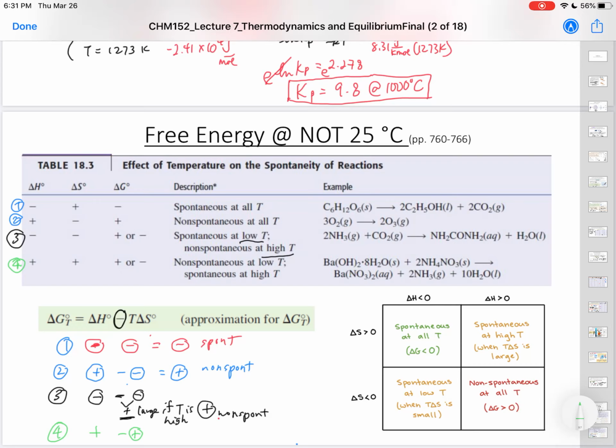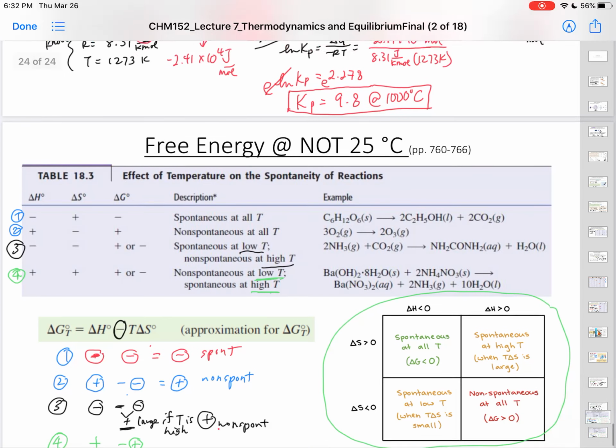You have something where it's positive, and then you have minus a positive value. So this can be small or large. If it's low temperatures, you're going to get non-spontaneous. If it's high temperatures, you're going to get spontaneous. So really this table on the right-hand side sums up what we talked about here. I found this on the internet.